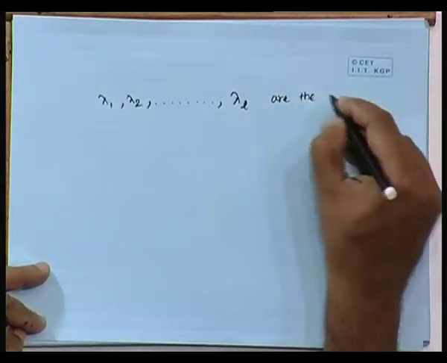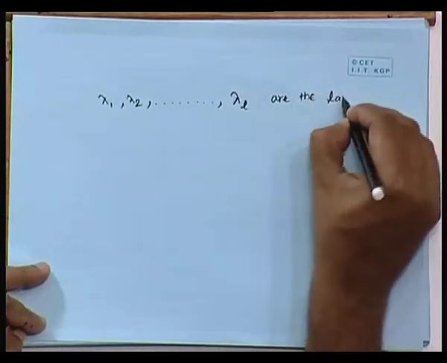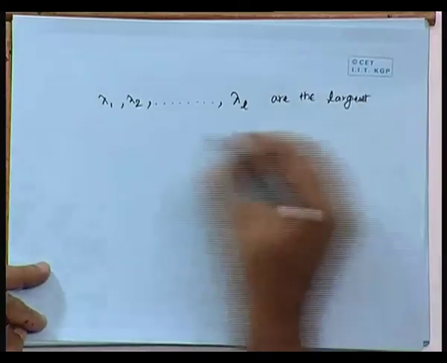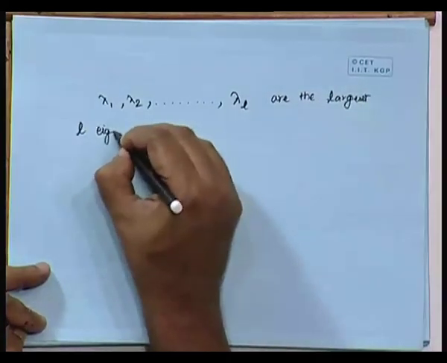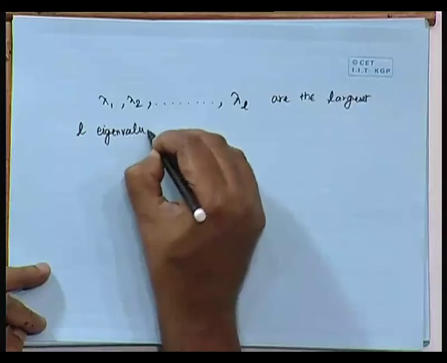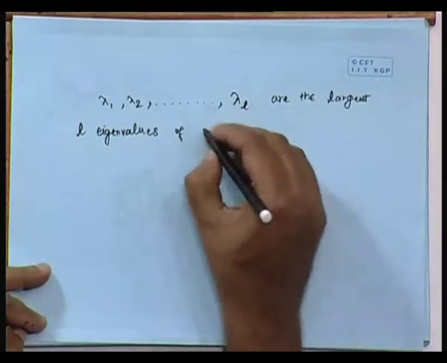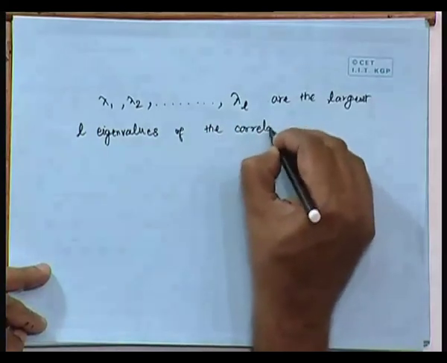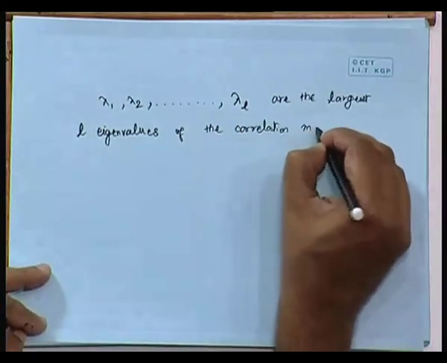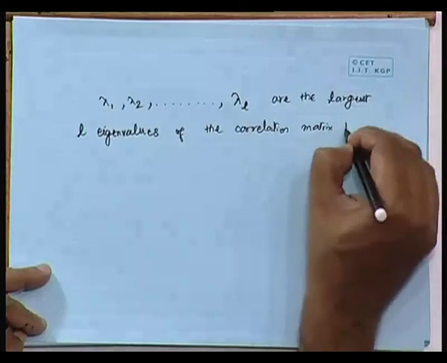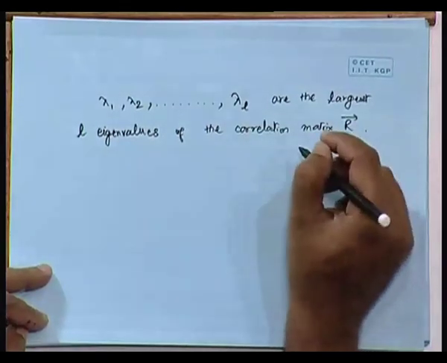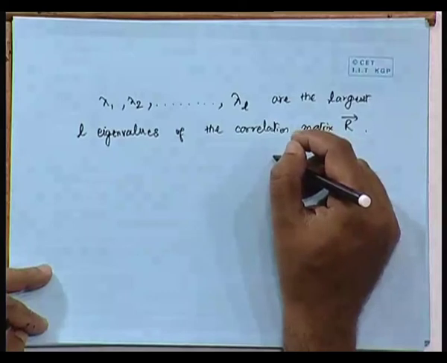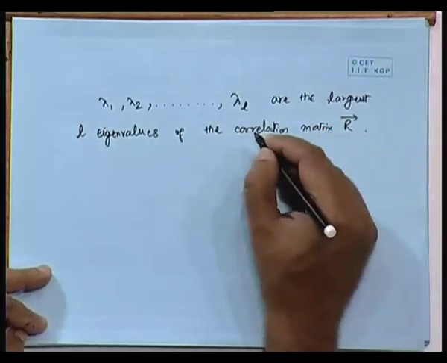So, lambda 1 to lambda L are the largest L eigenvalues of the correlation matrix R. In that case, we can approximate the data vector.